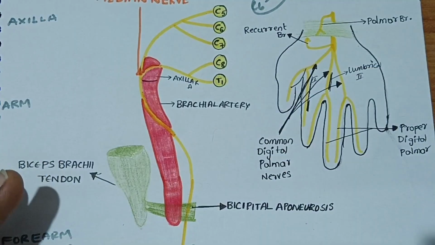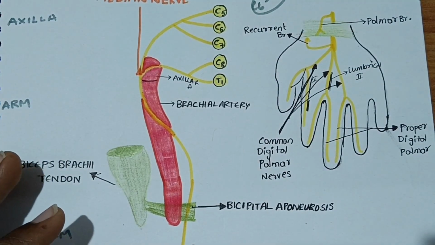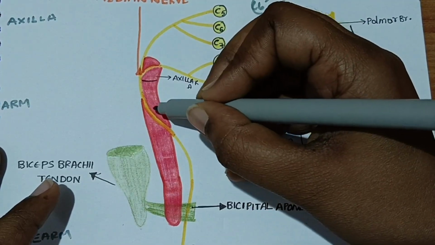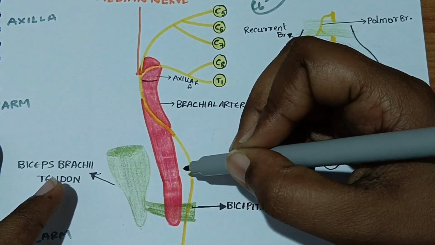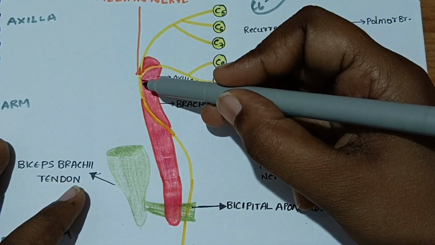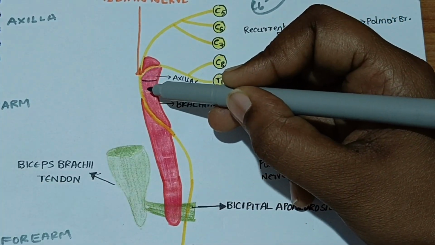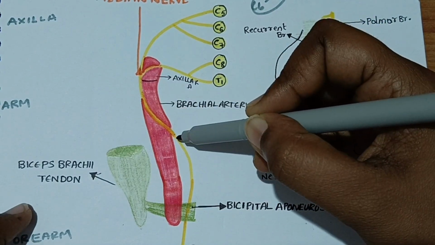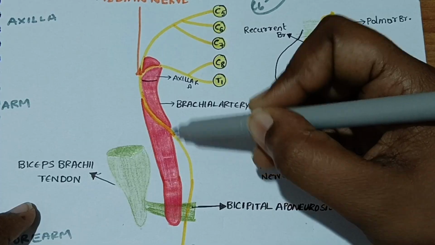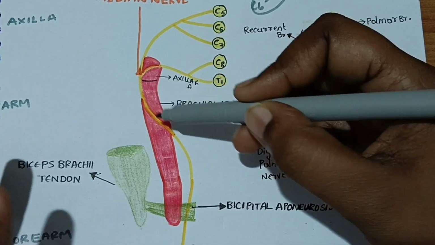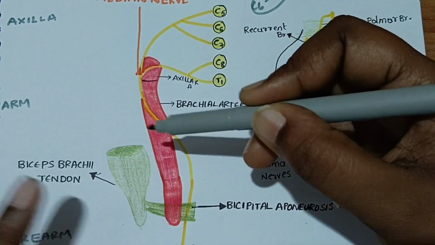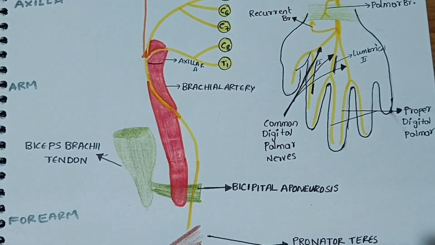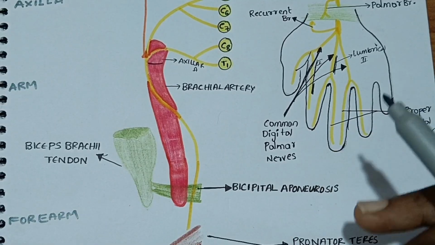In the lower part, it is medial to the brachial artery. So in the upper part it is lateral, in the middle part anterior, and in the lower part medial. It crosses from lateral to medial along the brachial artery, anteriorly. This is the course of the median nerve in the axilla and the arm region.